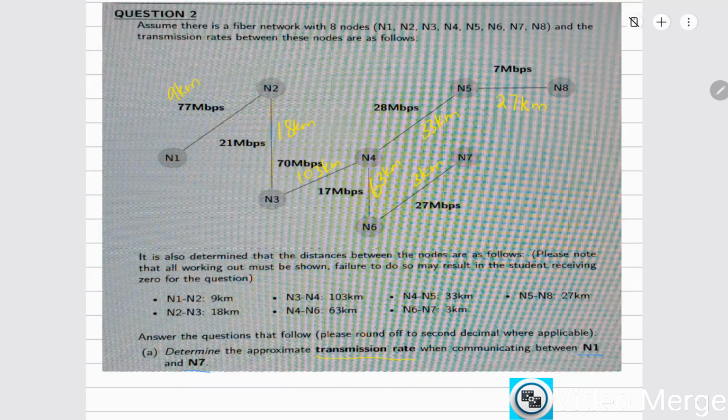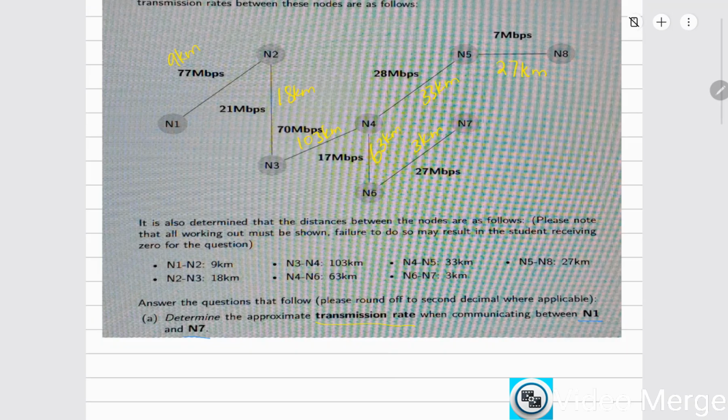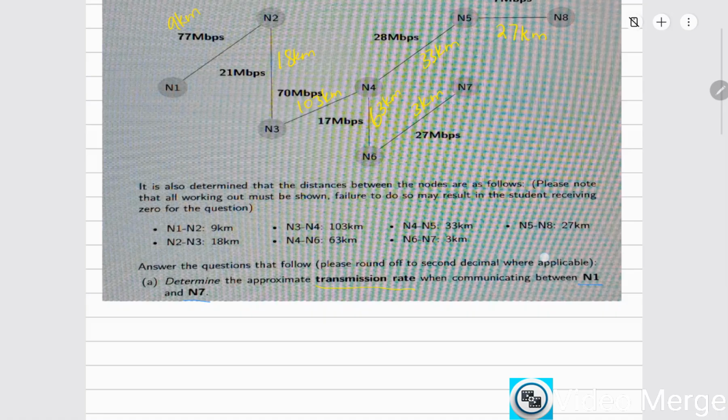Then from N4 to N6, it's 17 megabits per second. Compare it to the one that we are currently holding, which is 21. Therefore, we replace it with 17 megabits per second, because that's the smallest. That is our current bottleneck. Then from N6 to N7 is 27 megabits per second, and it's higher than 17 megabits per second.